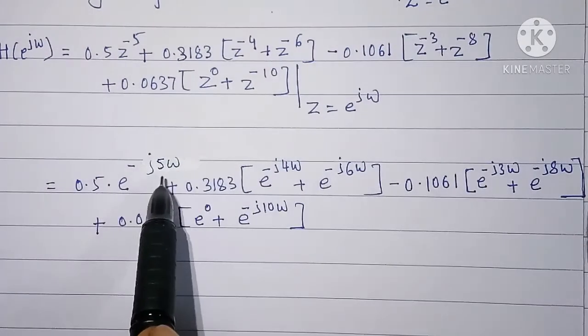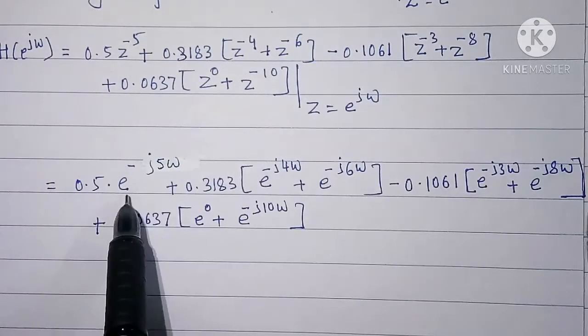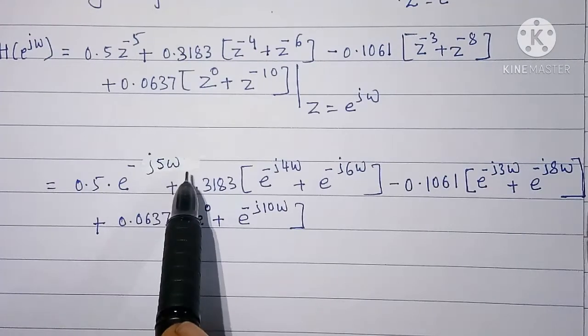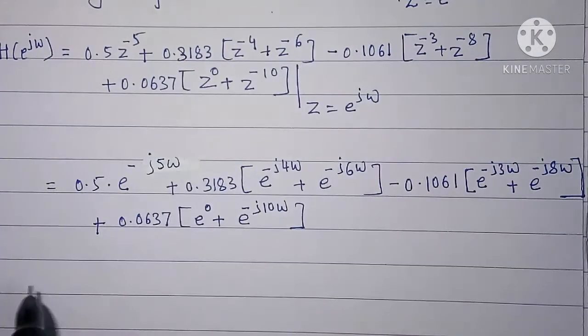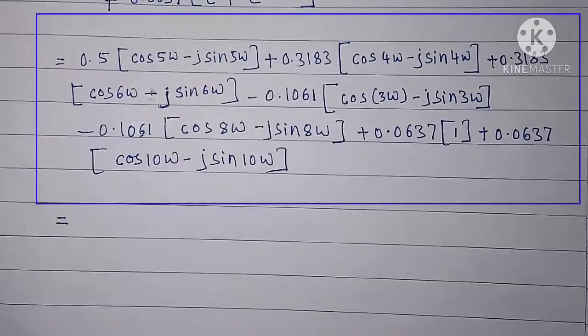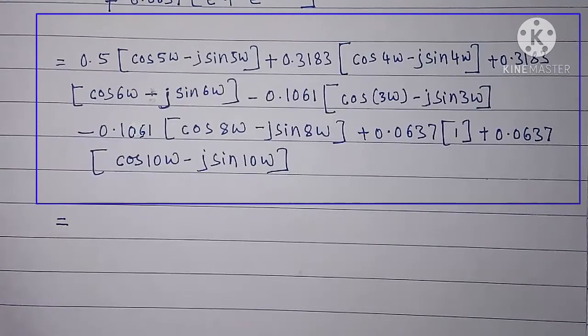Now writing these exponents which are in the form of e raised to j theta in rectangular form, we get, now we will separate out cos terms and sine terms.